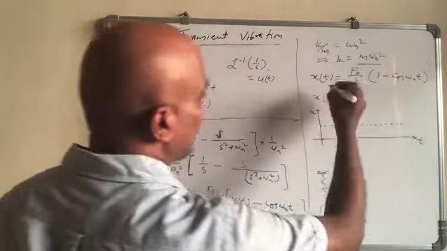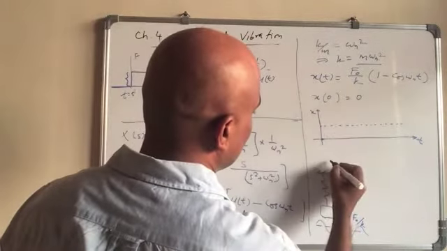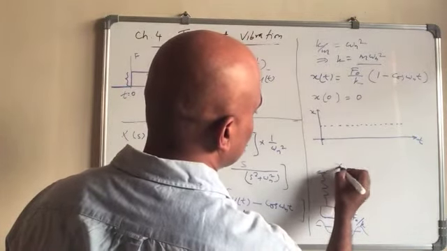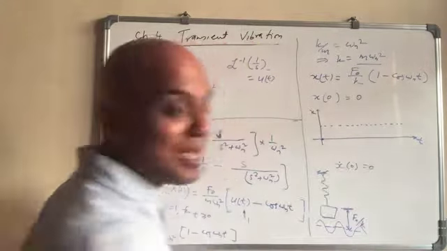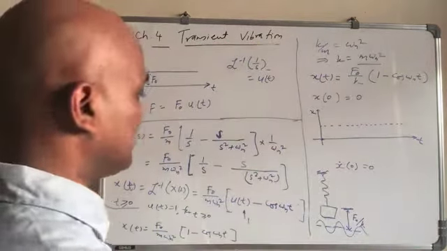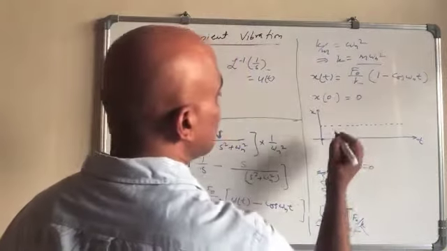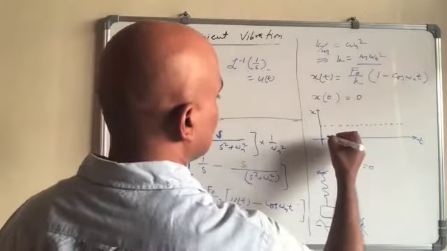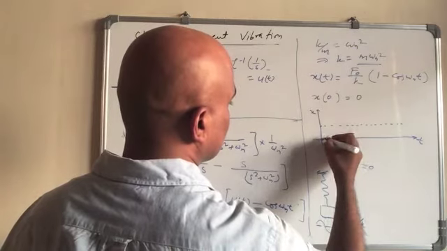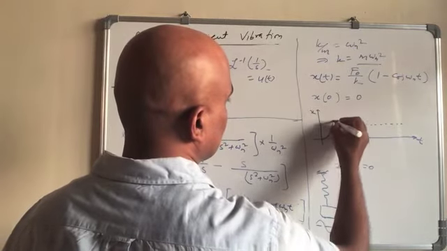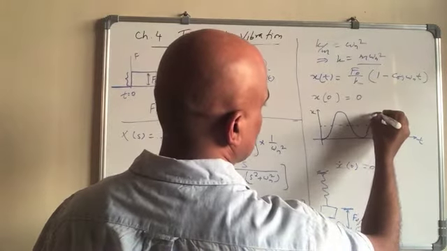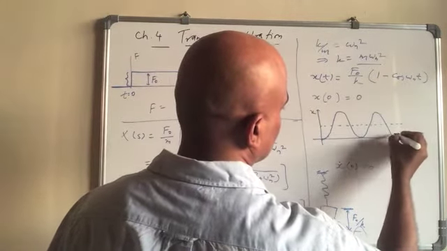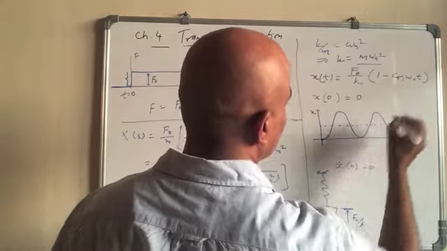And now x dot 0 should also be 0, because this is the initial condition we gave. So this will go like this, and so on.